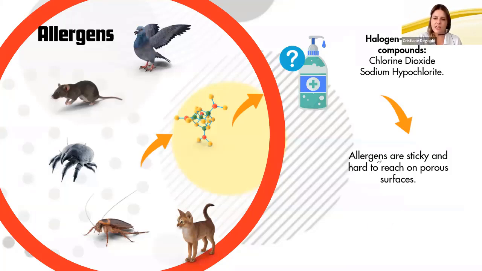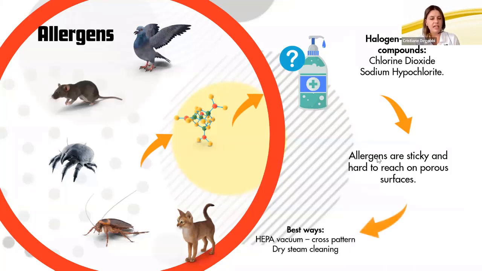So the key here for allergens is to remove, not to apply products. It's to remove. The best way is to use a HEPA vacuum. Remember, ones with good filters, in a cross pattern methodology, which means that you're going to vacuum in all types of directions.